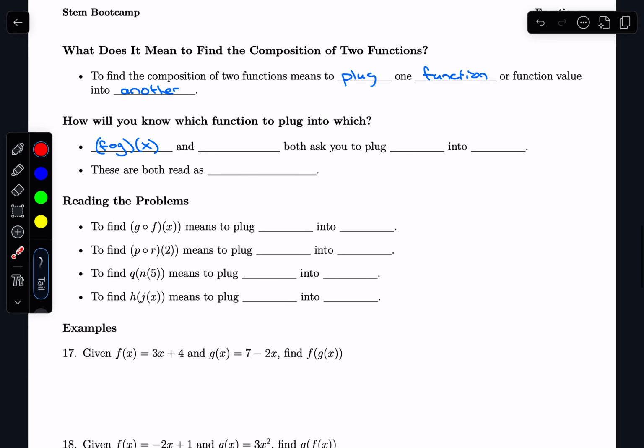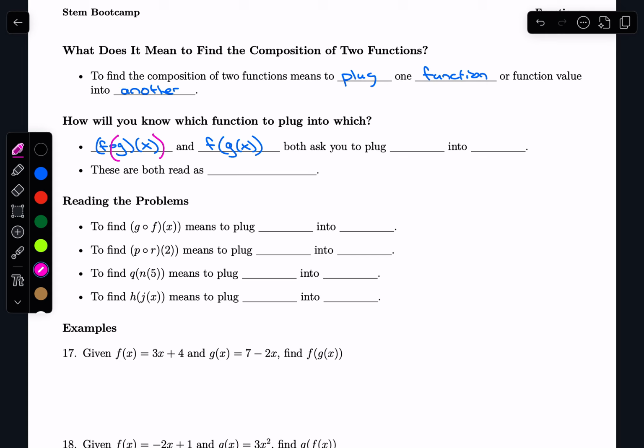Instead, we're going to be writing it as f of g of x with parentheses like that. And I want you to notice that the only thing different between them is, in the first one, just imagine instead of that open circle, if I put parentheses around g of x like that, and I got rid of the open circle, these become the same notation.